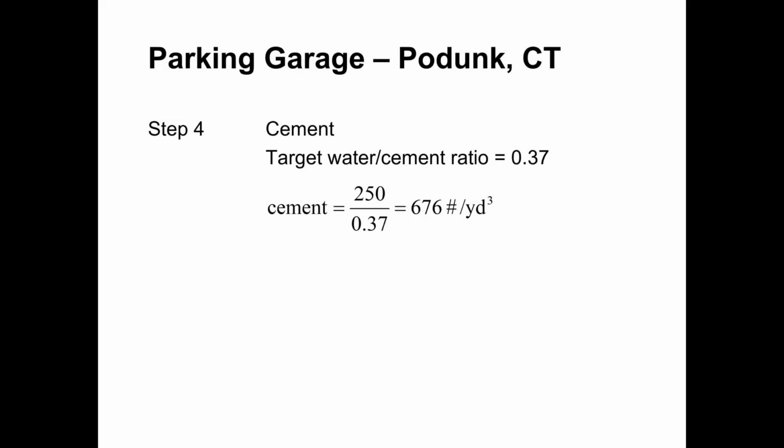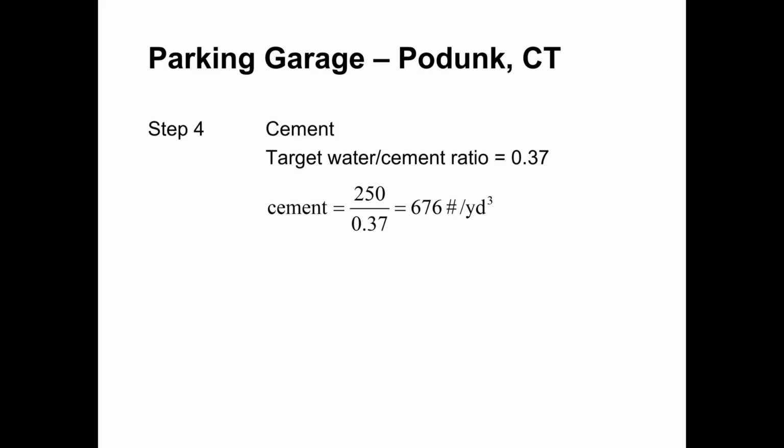Remember, our water cement ratio is, just as the name implies, water divided by cement. So if we know the water and the water cement ratio, we can calculate the cement by taking the water weight and dividing by the water cement ratio, and that gives us 676 pounds of cement per cubic yard.